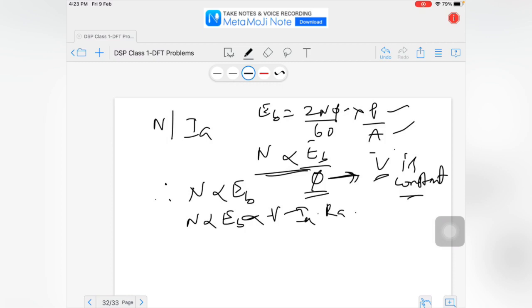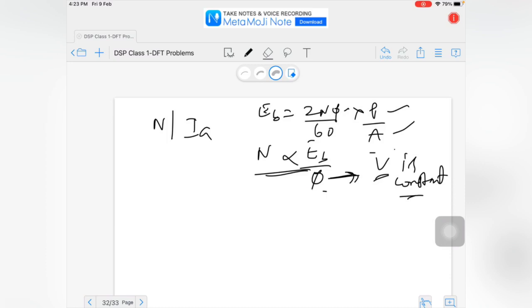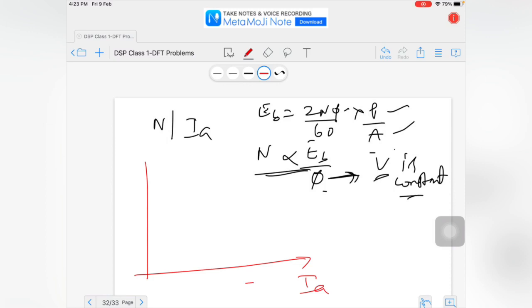So from this we can write the characteristics. I will write it here. I will write N, and this is armature current. In the previous case also I took armature current on the x-axis, and here I take speed on the y-axis; in the previous case I took torque on the y-axis. What happens, I can imagine: initially when armature current is 0, the motor is at rest.